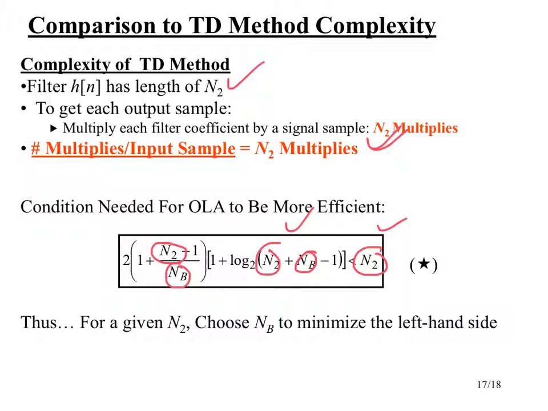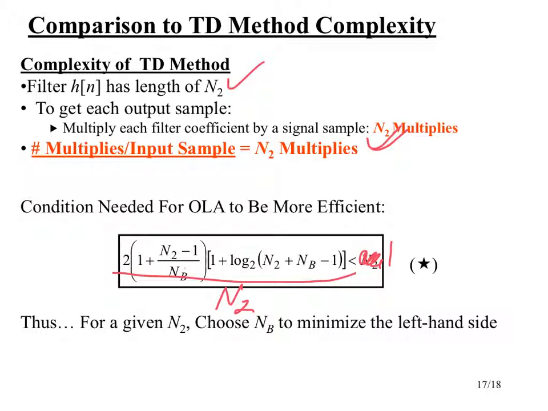To better see this, what we're going to do is divide both sides by N2. So if we divide both sides by N2, then this gets changed to 1.